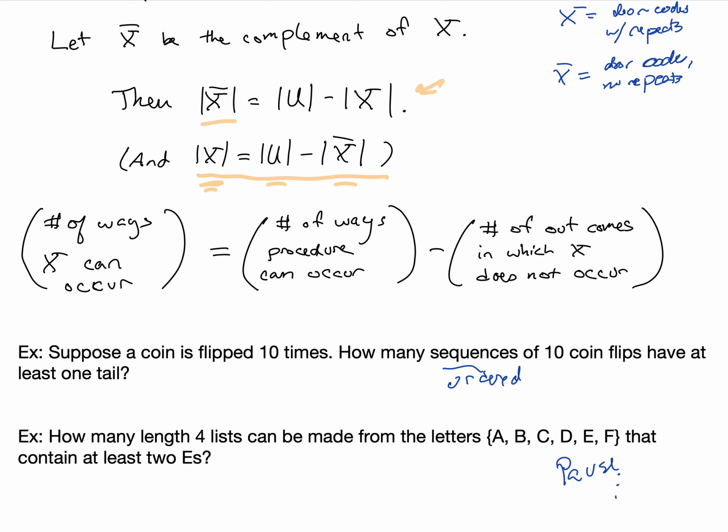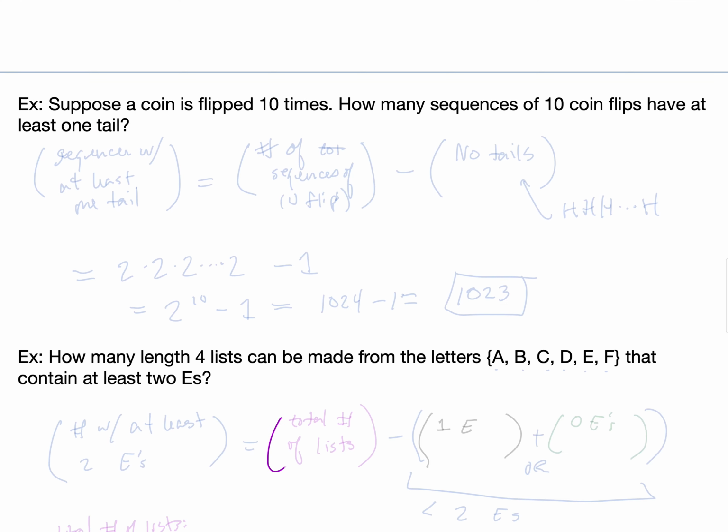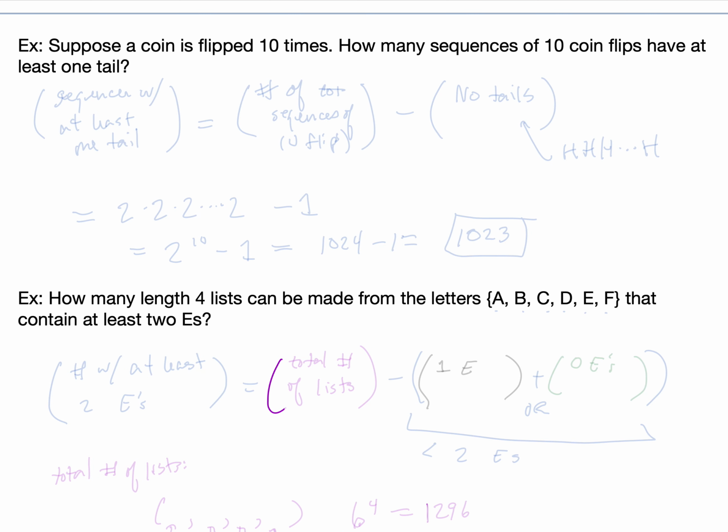Okay, so how many sequences of 10 coin flips have at least one tail? So again, we want sequences with at least one tail. If we want to use the subtraction principle, that would be all procedures of this type.